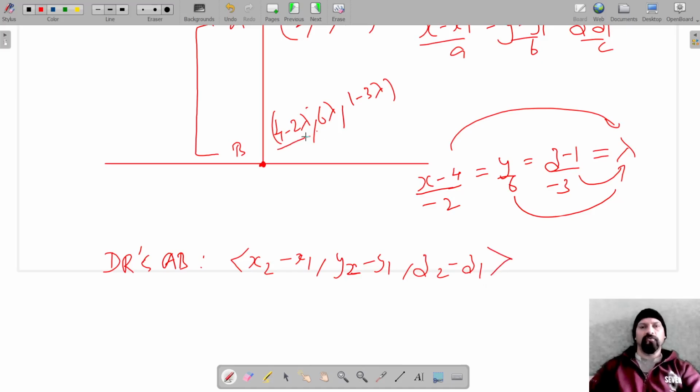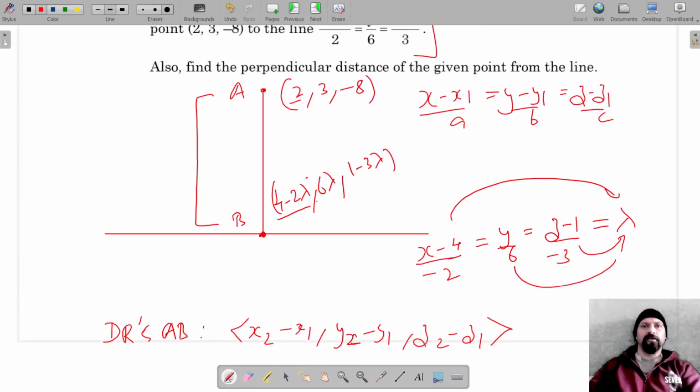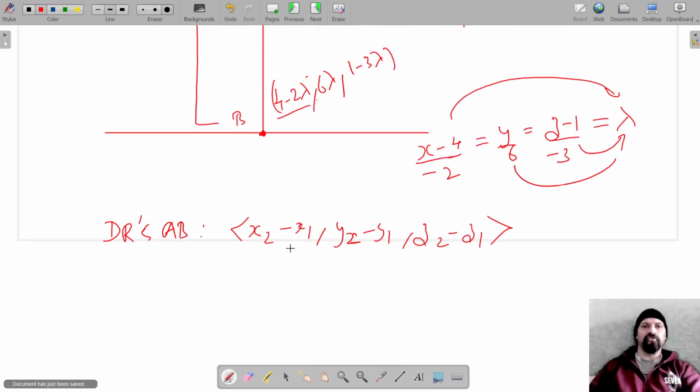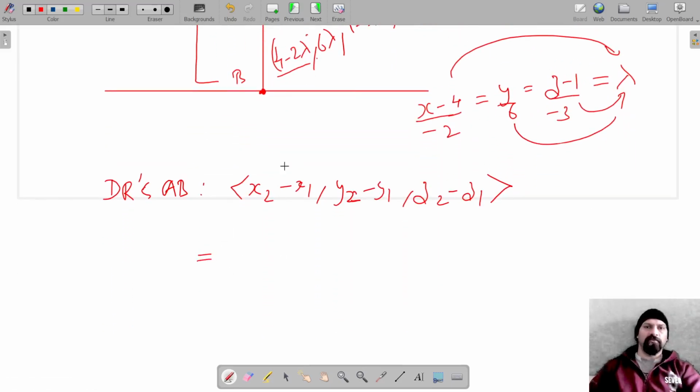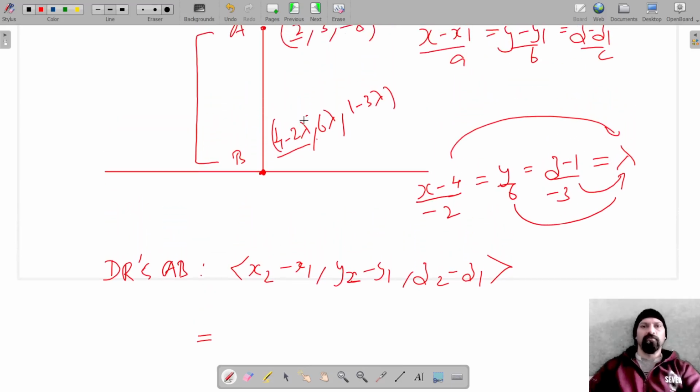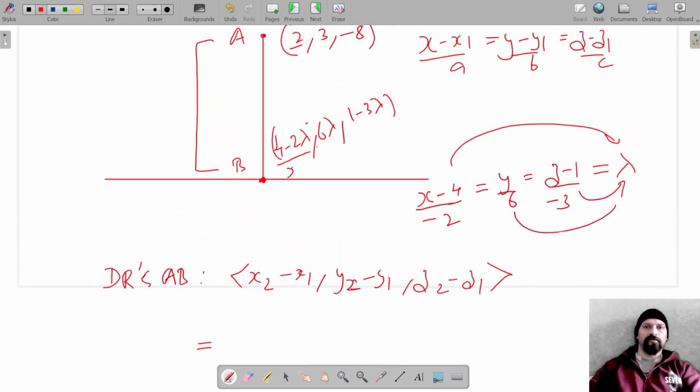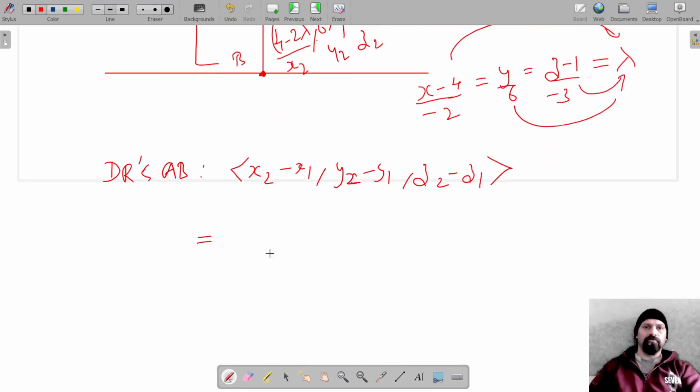So x2 minus x1 is 4 minus 2 lambda minus 2, which gives me 2 minus 2 lambda.